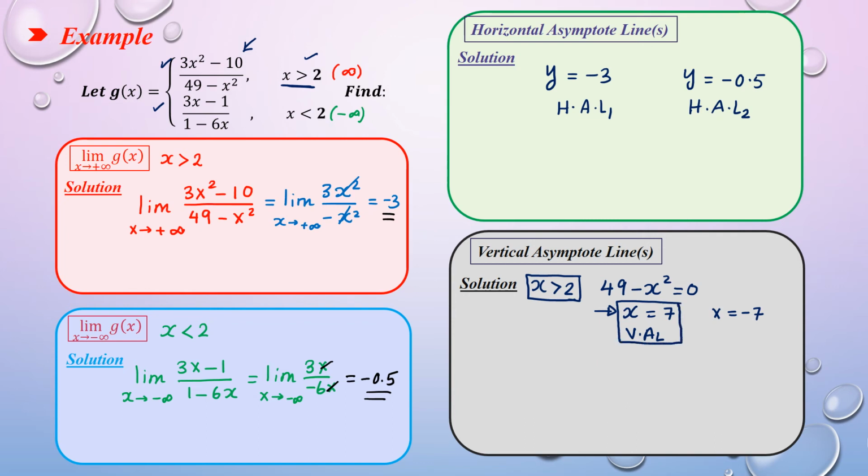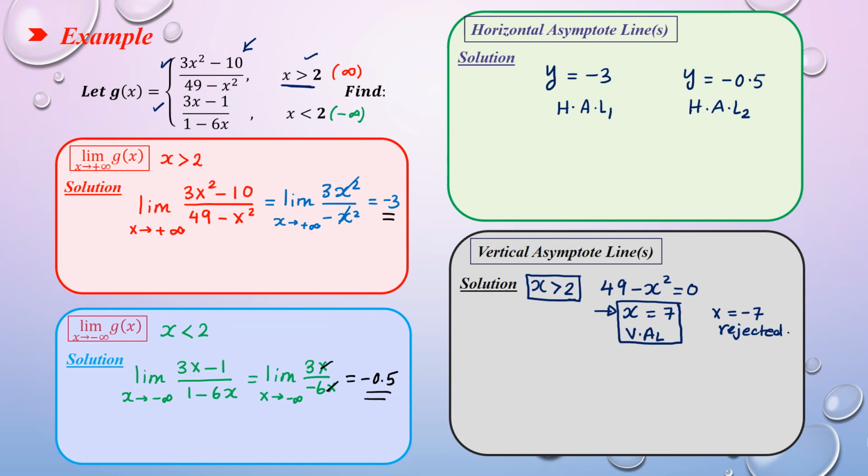For x equals negative 7, it is not greater than 2, so it is not in the domain. So x equals negative 7 is rejected because it is not in the interval from 2 to infinity. So in the first interval, x greater than 2, we have the vertical asymptote line x equals 7.